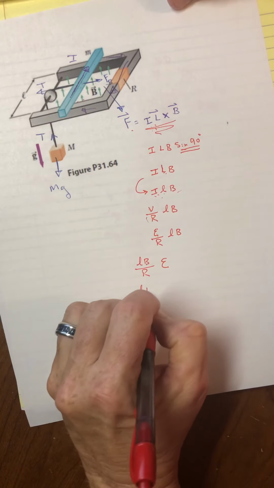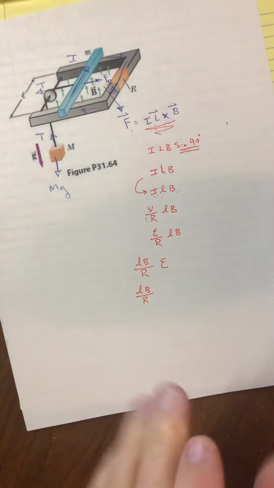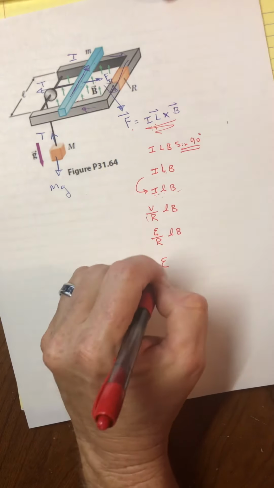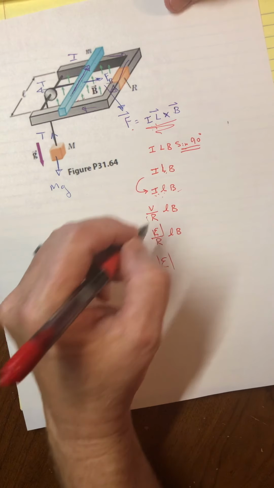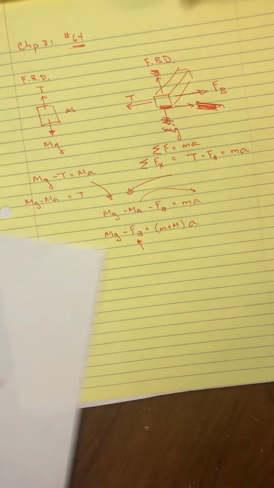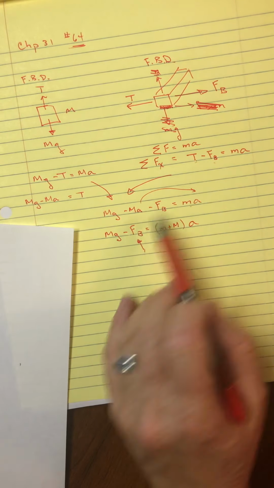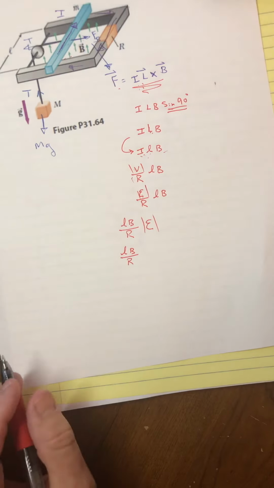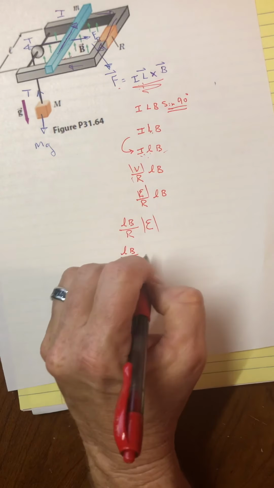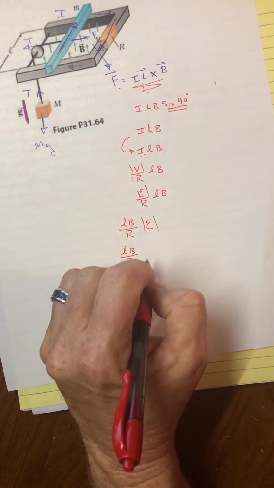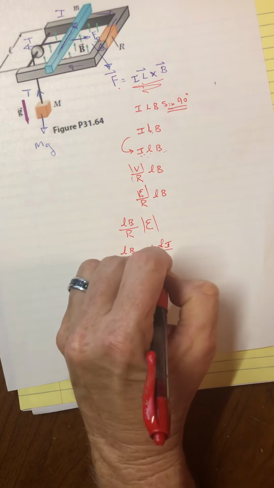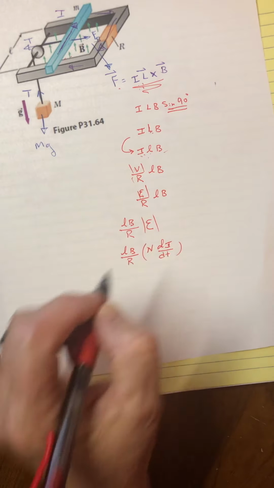But now finally we get to something related to this chapter, which is Faraday's law, which says that the magnitude, and this is really magnitude, I already dealt with direction and all that back here in the sign. So the magnitude of the EMF is the number of turns times the change in flux.